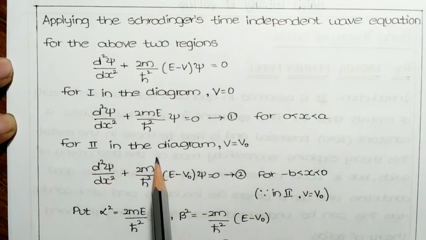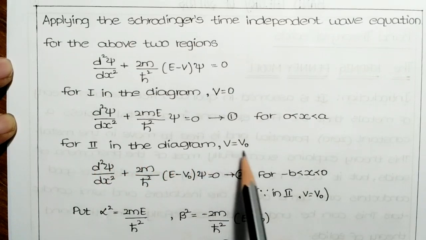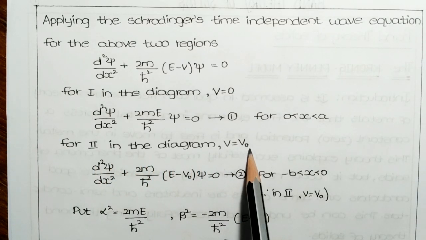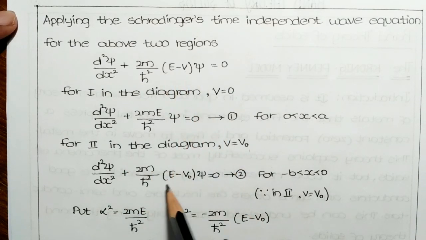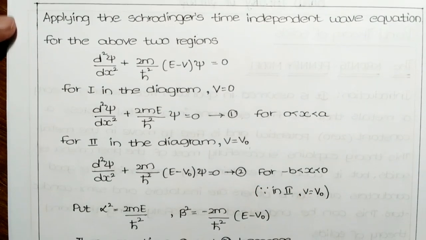For region 2, V is equal to V naught for a potential barrier. Then this equation becomes d squared psi by dx squared plus 2m by h cross squared into (E minus V naught) into psi is equal to 0. This is the second equation.